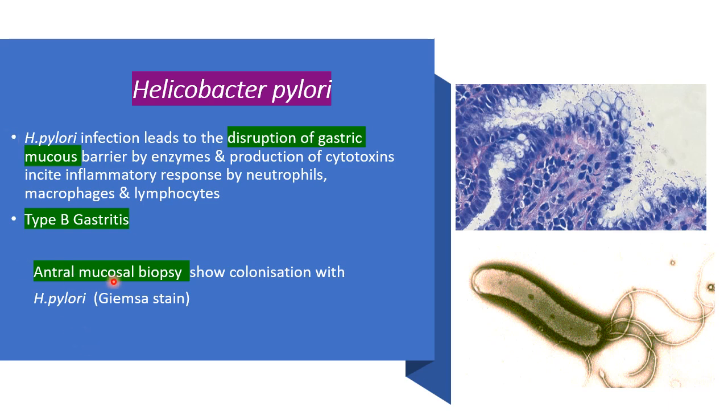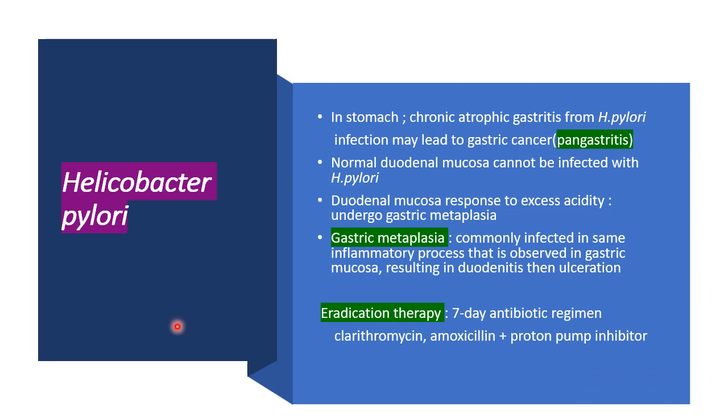The antral mucosal biopsy will be able to show colonization with H. pylori, and this can be detected by the Giemsa stain. In the stomach, chronic atrophic gastritis from Helicobacter pylori infection may lead to generalized inflammation known as pangastritis, and this can lead to gastric cancer.